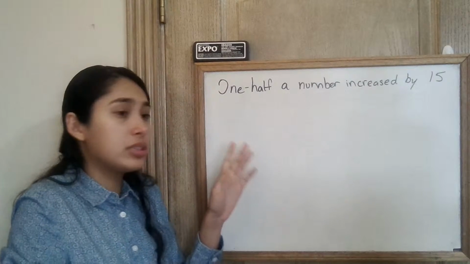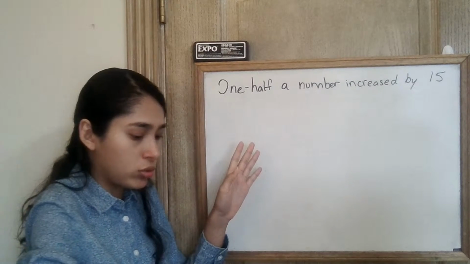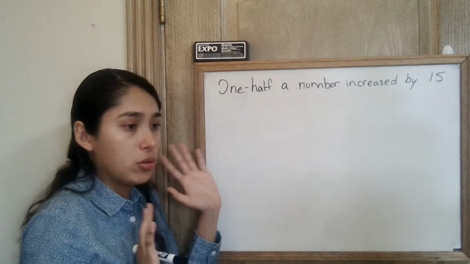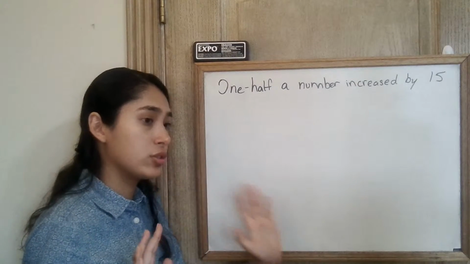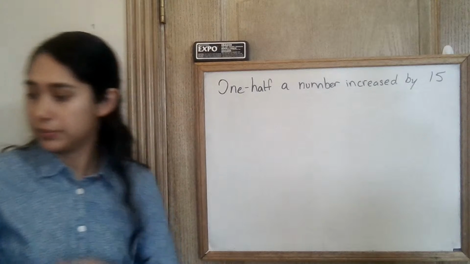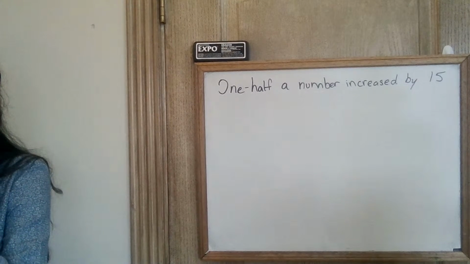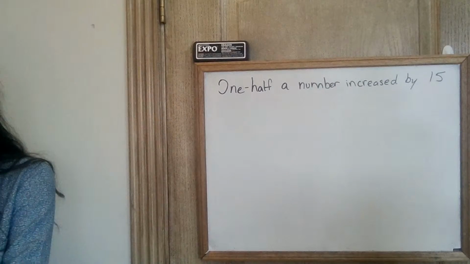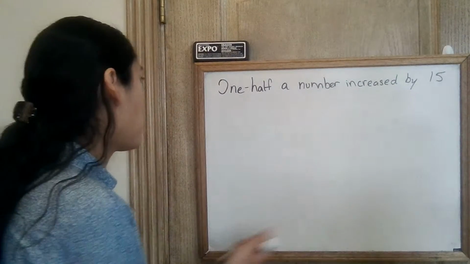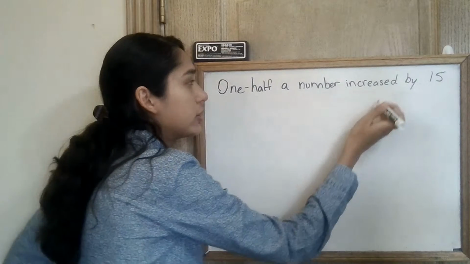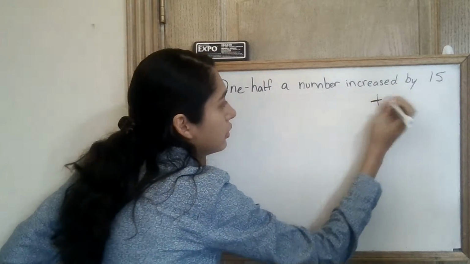I will warn you, this looks pretty short word count wise, but there's actually a whole lot of different operations going on. So we're talking about one half a number increased. Increase is talking about plus 15.